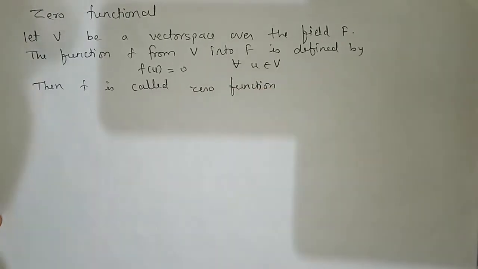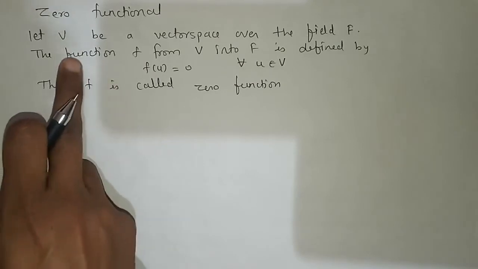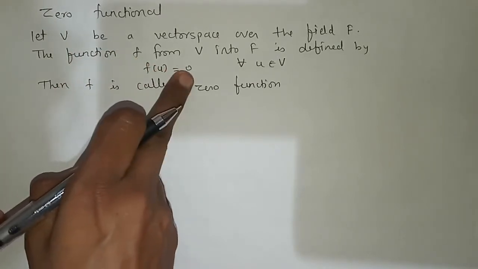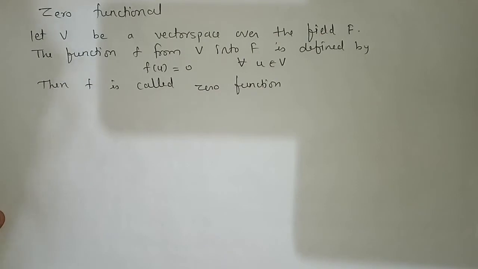So as its name indicates, a zero functional is nothing but a function whose image is always 0. So this is the zero functional.